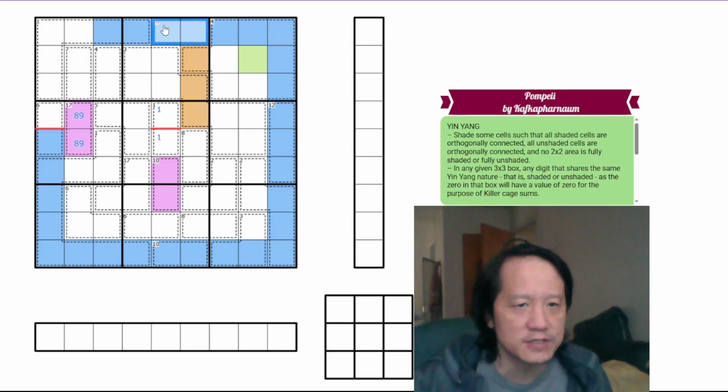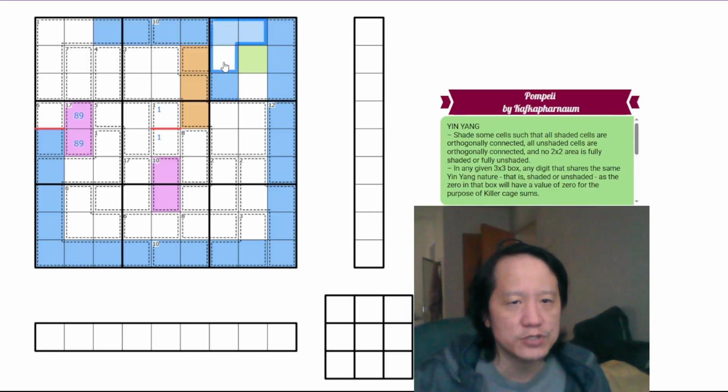Well, we know this has to be 2 cells which are exactly the same. Right, and this had to be shading this way, right? Because we know it could only be 2 digits at most in this box which have the same shading. And if we don't include the center one, this 2x2 area is not going to work.